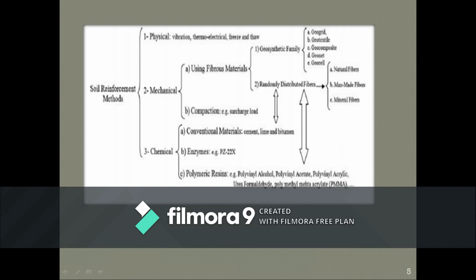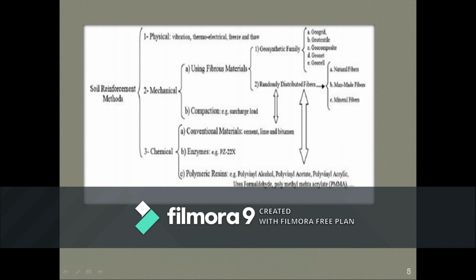Anything that you are adding to the soil in order to change its properties comes under your soil reinforcement methods. Generally, the soil reinforcement method is totally based on the soil grain size. So for what type of soils we need to use which method, it totally depends upon the property of the soil and also the grain size of the soil.